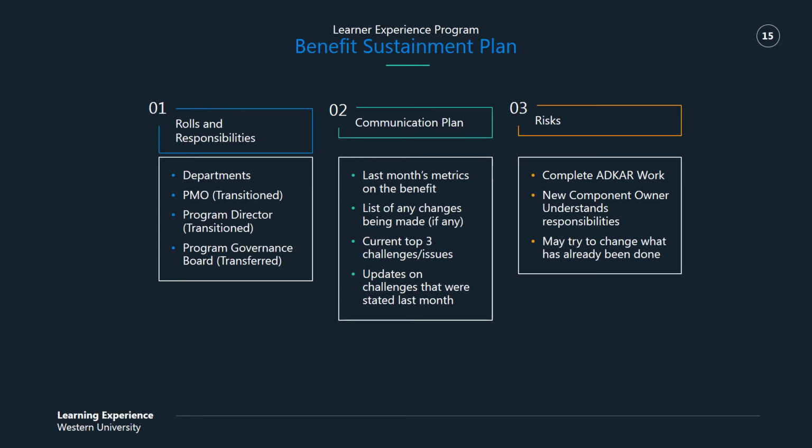Then that moves into our benefit sustainment plan, which in our roles and responsibilities, we have our different departments, our PMO, which may have some different faces in it because we want to make sure that the PMO continues to mature with the level of maturity of the project management methods being used by Western University.